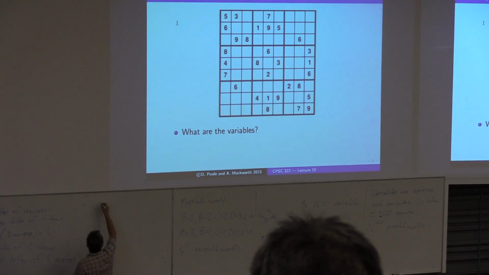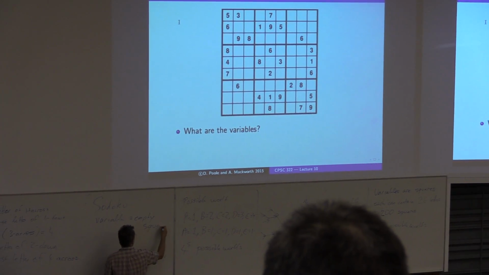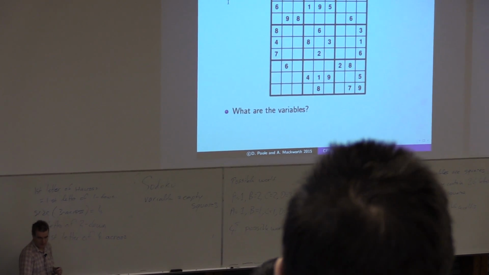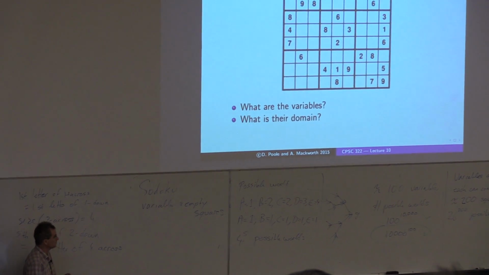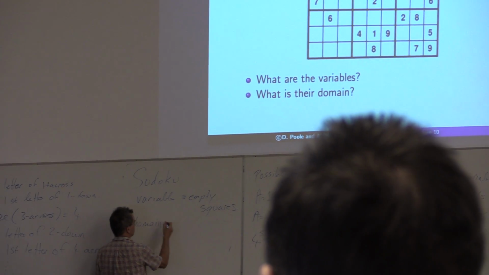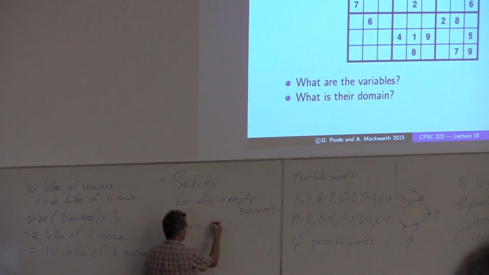The variables are the empty squares, and what are their domains? Right, 1 to 9.